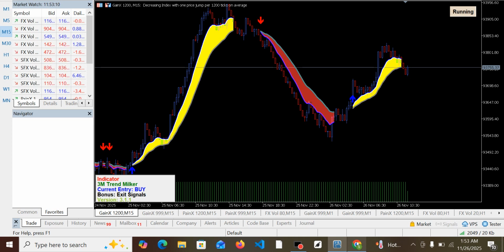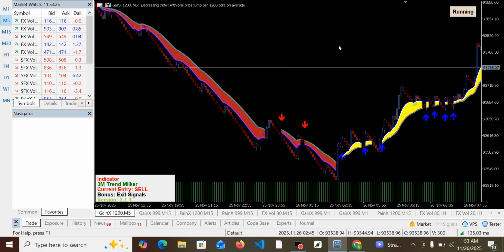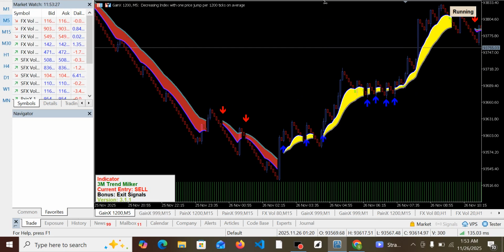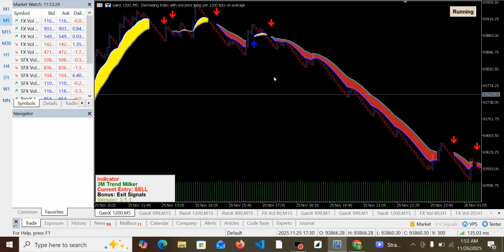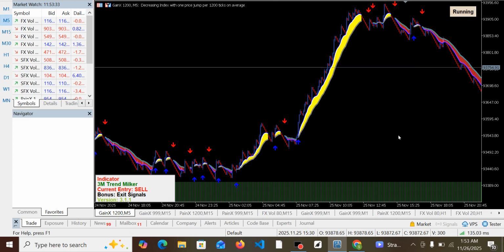Which means it will work perfectly well on your account to trade whatever assets you want to use it to trade. So I'm just going to go to the 5 minute time frame right now. Okay, so this is it on the 5 minute time frame. Let me zoom it out a bit.